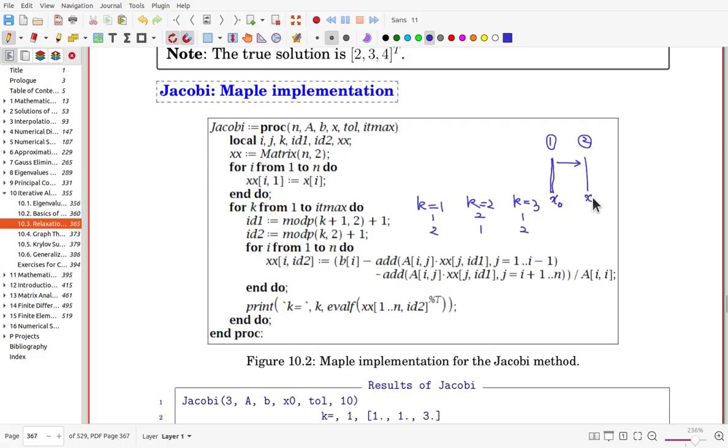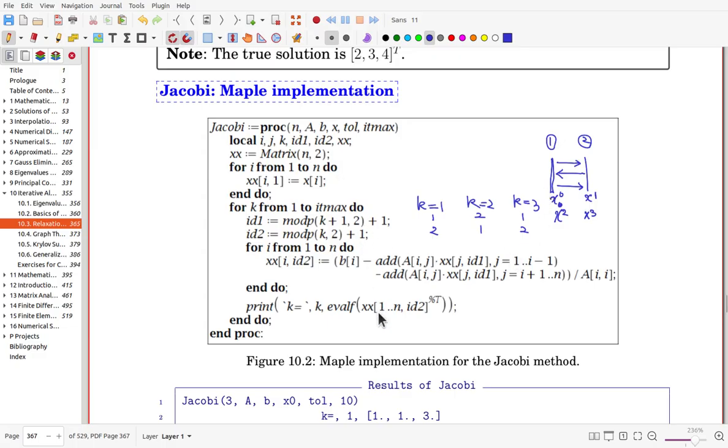Now by using x1, we copy back so that we have x2 here, and that is a superscript rather than a subscript. Now by using x2, we get x3, and x3 is saved here. So in this way, back and forth, we update the value. That's one strategy to implement the Jacobi method.